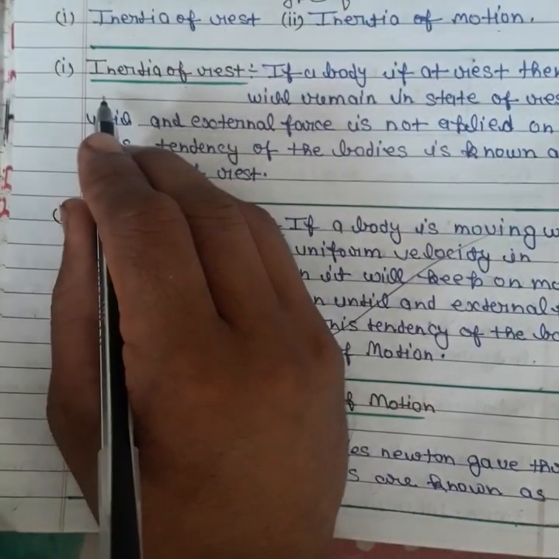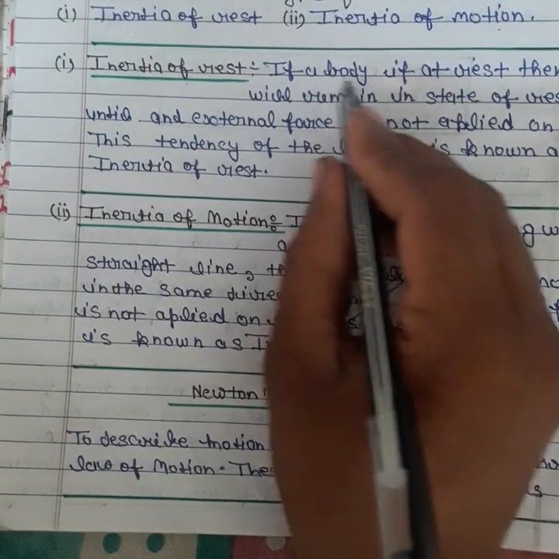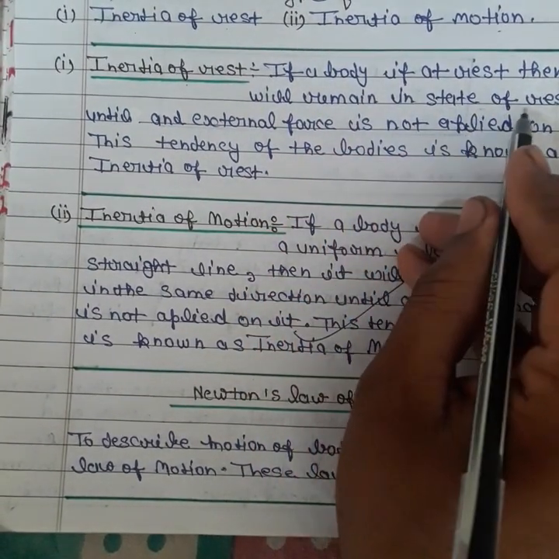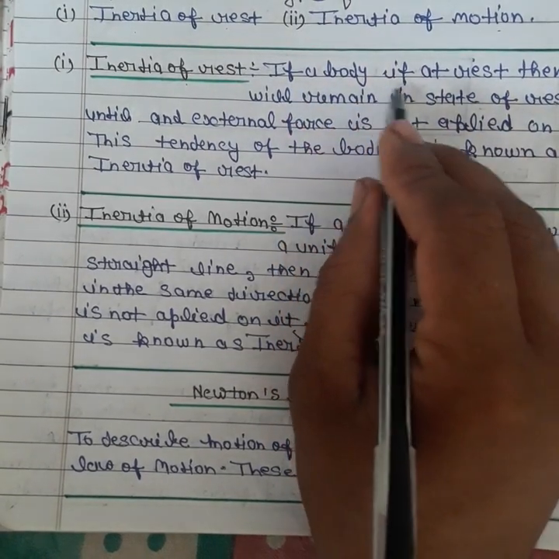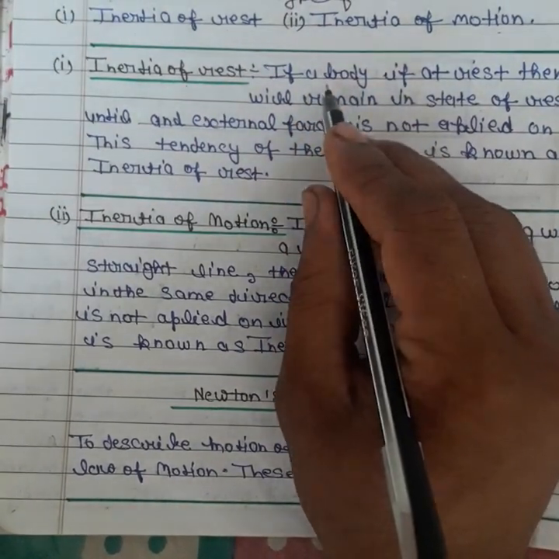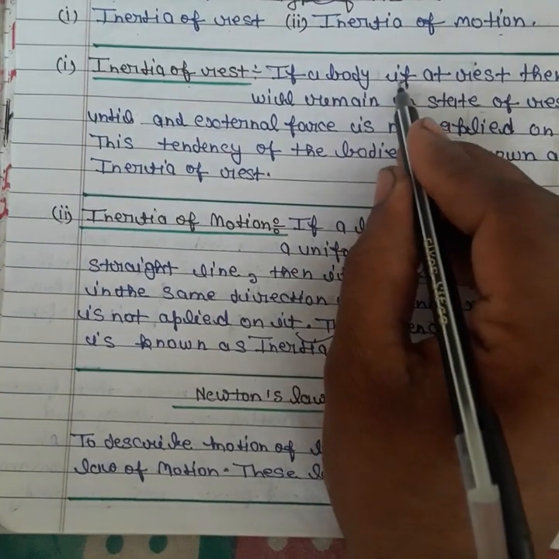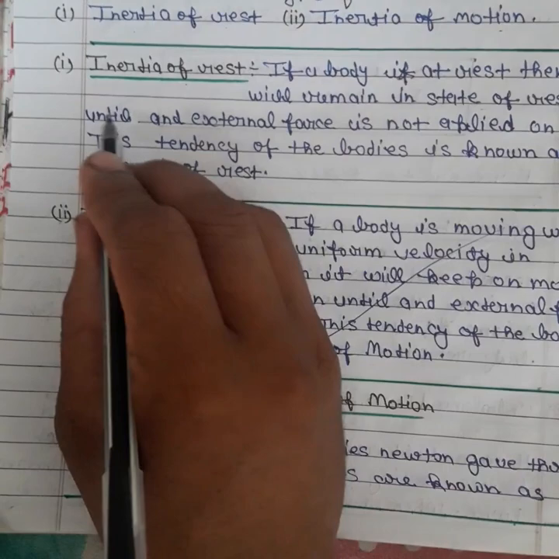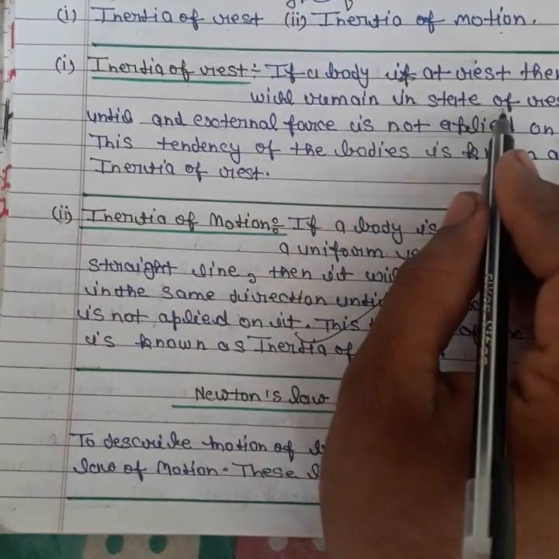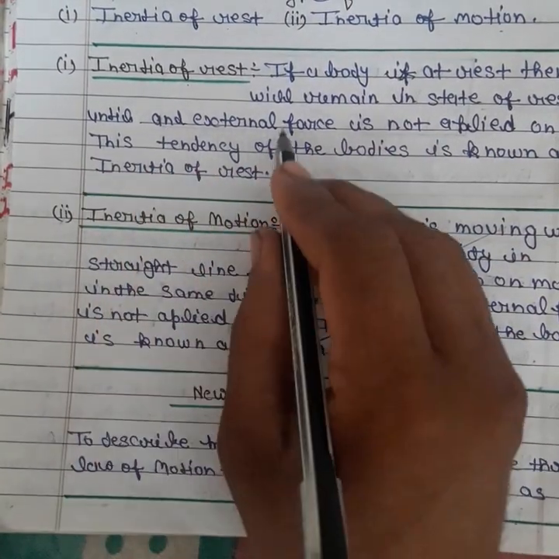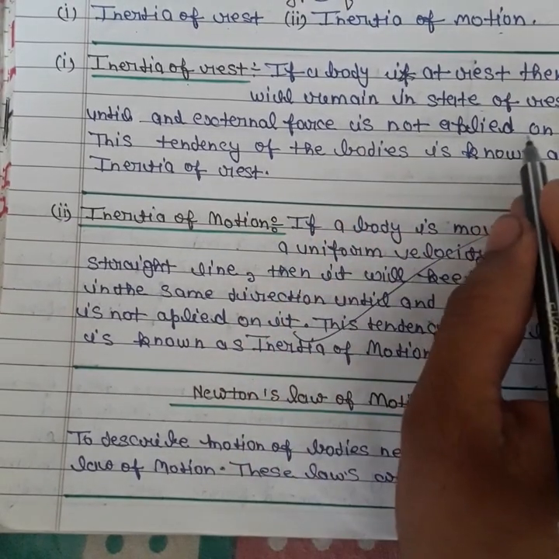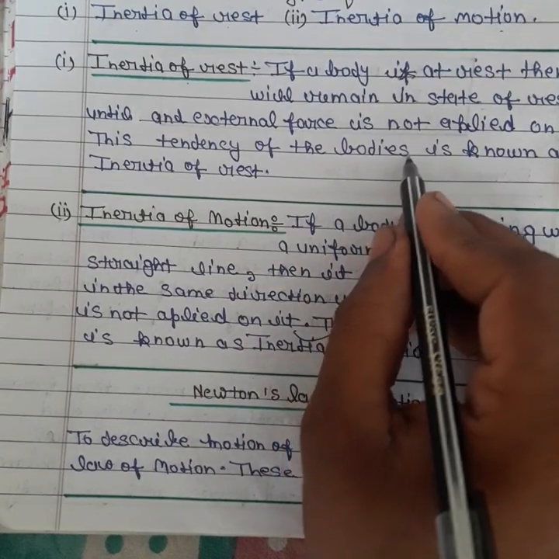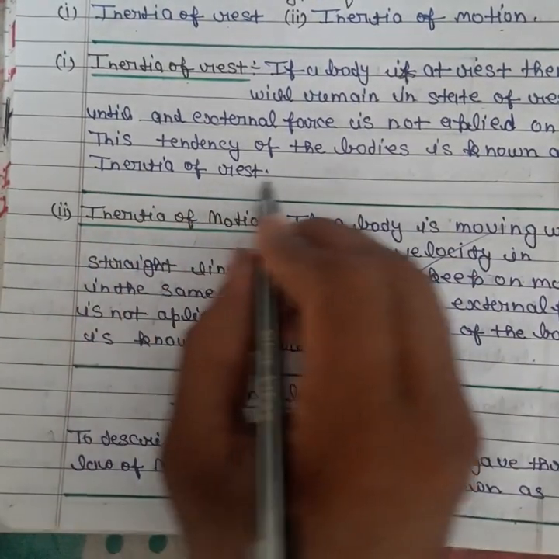If a body is at rest, then it will remain in a state of rest until an external force is applied on it. This tendency of the bodies is known as inertia of rest.